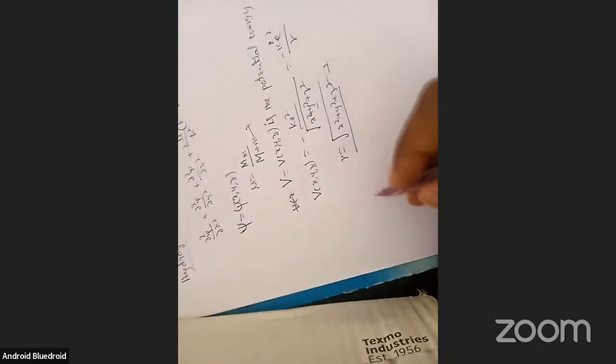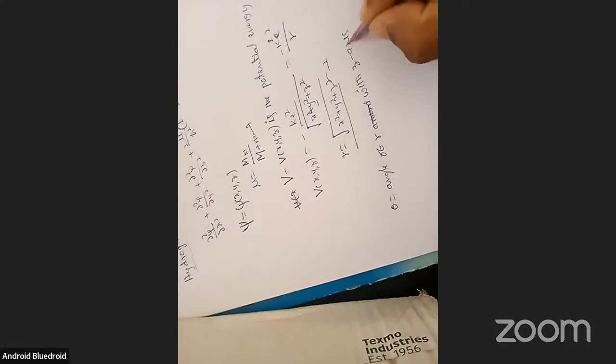Next, the theta angle. Theta is the angle of r around the z axis, given by cos inverse of z by under root of x square plus y square plus z square.